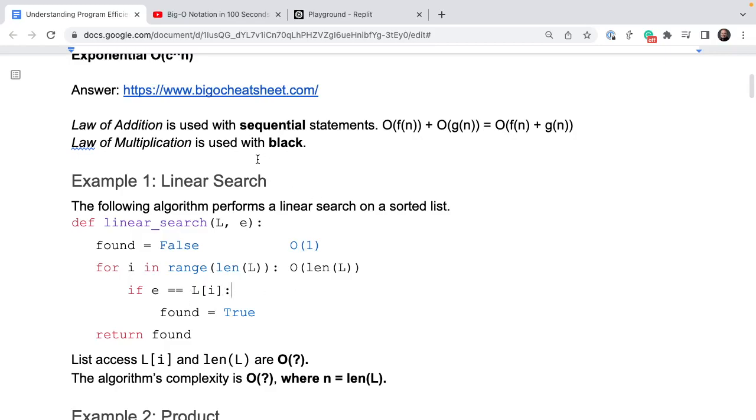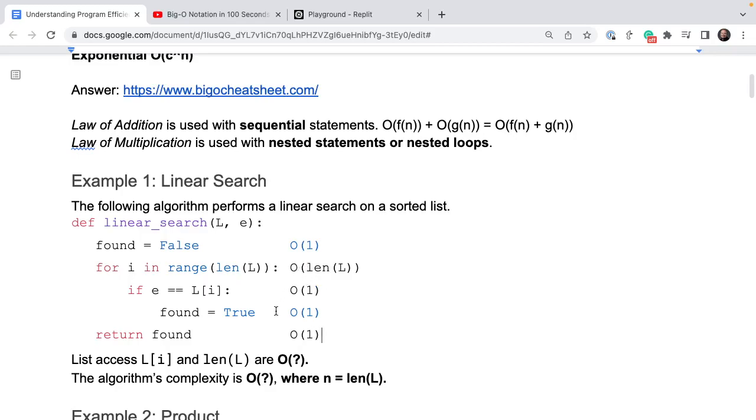So we even talked about the law of multiplication, which comes whenever, I meant to say blank here, not black, we're looking at nested statements or nested loops. You can see right here we have nesting inside of this loop. So this was constant time. This was also constant time. And then again, the returning is of constant time.